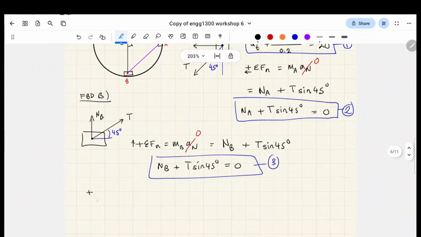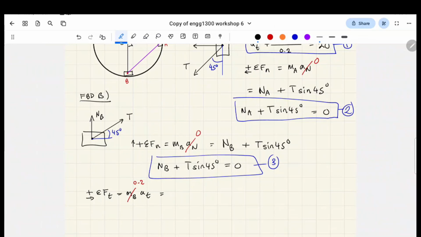And then lastly, the motion's going to the right in terms of the tangential motion, so we're going to take the sum in that direction. That's 0.2, which we're given in the question.